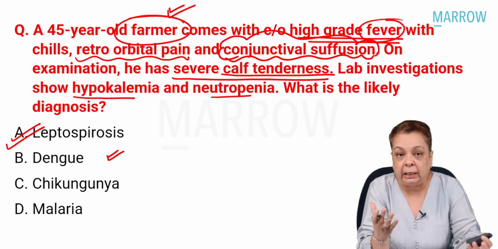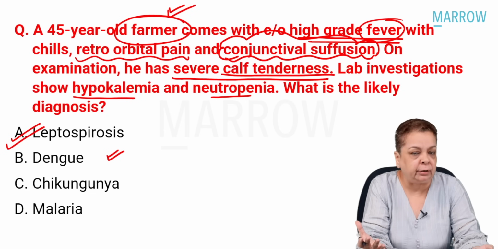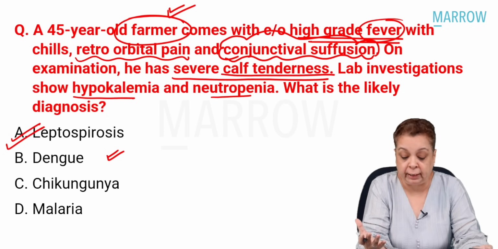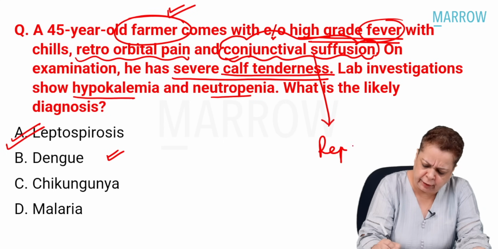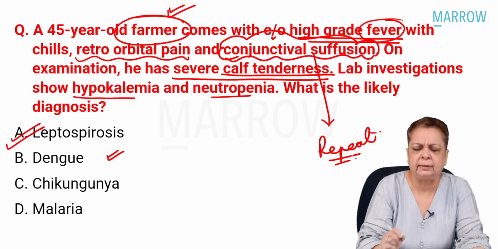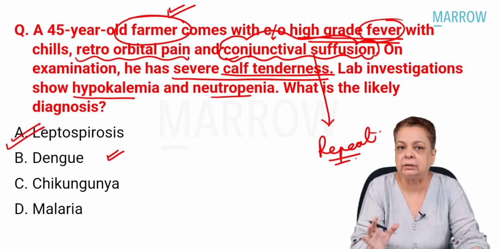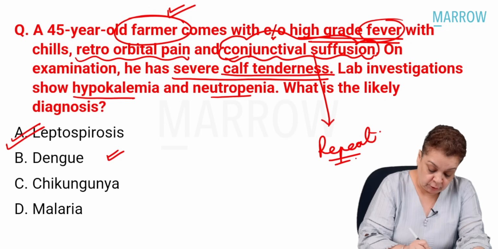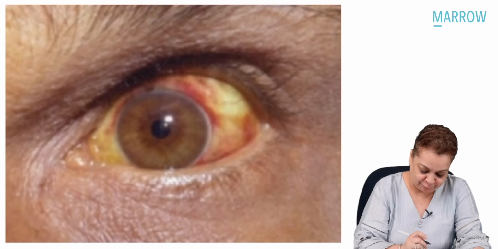But there is something glaring in your face: conjunctival congestion or conjunctival suffusion with calf tenderness is typically seen in leptospirosis, right? So this question has repeated again and again in the last 5 to 6 years. Leptospirosis is a favorite, just like parvovirus is a favorite. So this is what conjunctival suffusion is.